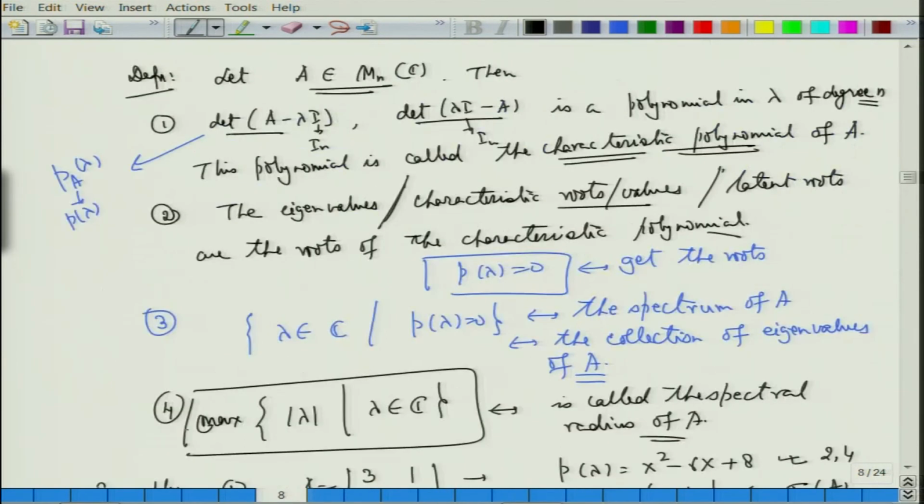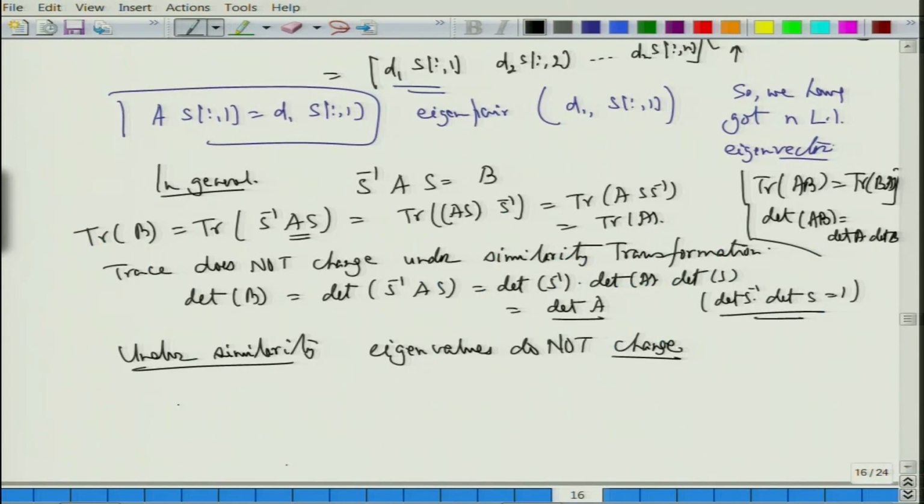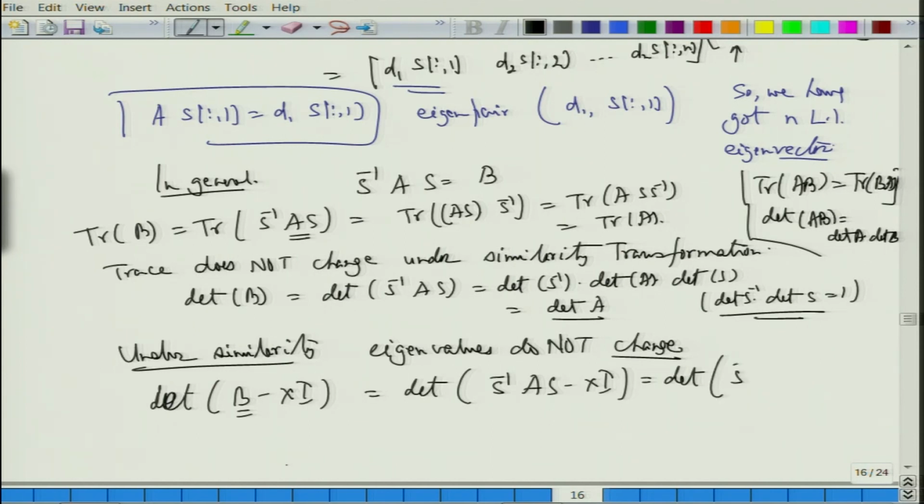Because to compute eigenvalues, we need to compute determinant of B minus xi, which is the same as determinant of S inverse AS minus xi, which is the same as determinant of S inverse times A minus xi times S. Just multiply S inverse A S minus S inverse xi S again. So you will get back this, which by the same argument as above gives me determinant of A minus xi, all right. So therefore, the eigenvalues will remain the same, eigenvectors will change.